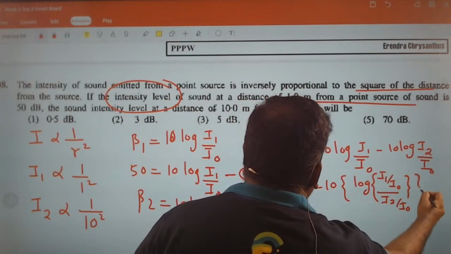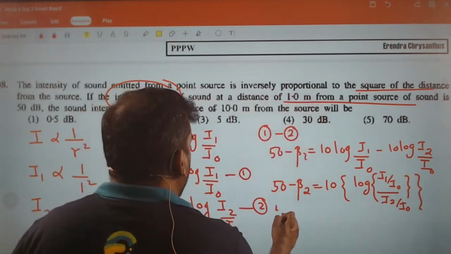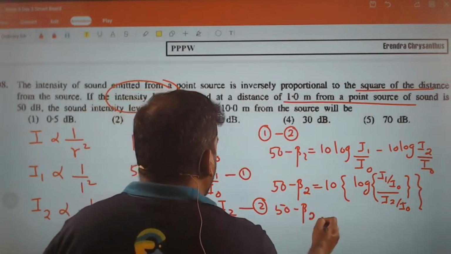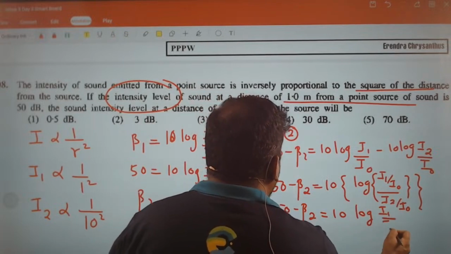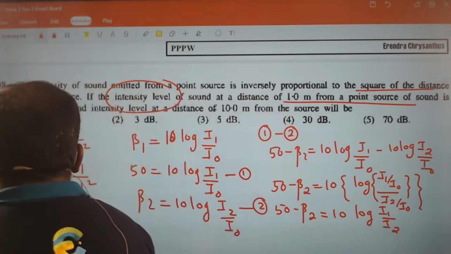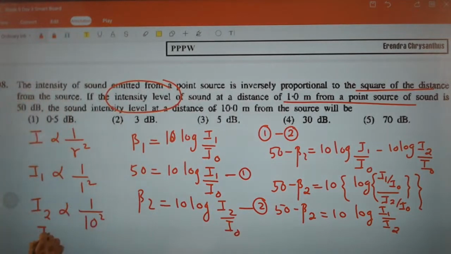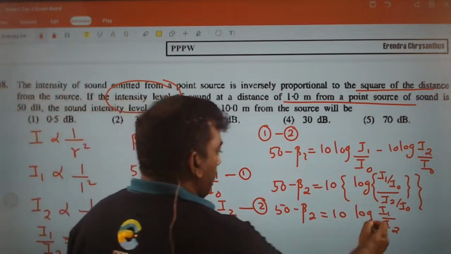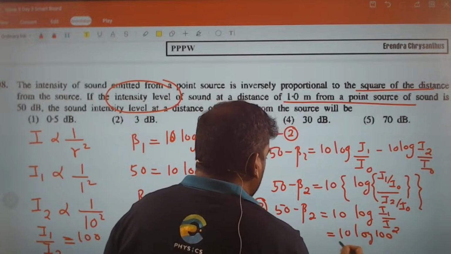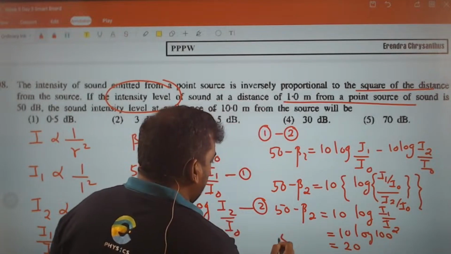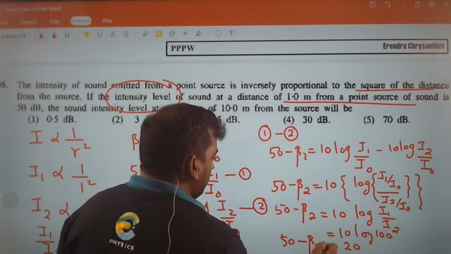Here 50 minus beta 2 is 10 log I1 over I2. What is I1 over I2? The ratio is going to be 100. So I1 over I2 is 100, 10 log 100. Log 100 is 2, so 20 here, 50 minus beta 2.